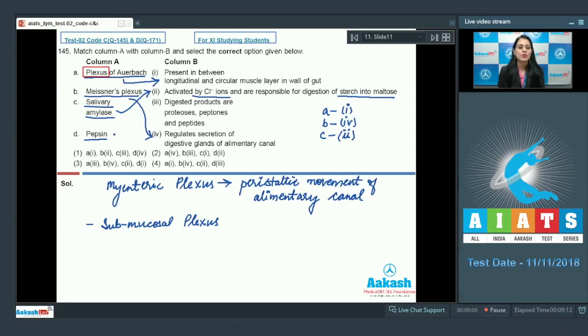Pepsin is a protein digesting enzyme which will digest the proteins into proteoses, peptones and peptides. So D in column A goes with 3 in column B. So the correct answer for this question is option number 4. Let's discuss our next question.